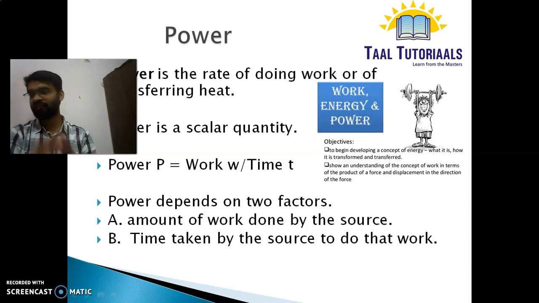Example, if a coolie takes 1 minute to do a particular work, and the same work is done by another coolie in 2 minutes, then the work for both coolies is the same, but the first coolie's power is double that of the second.